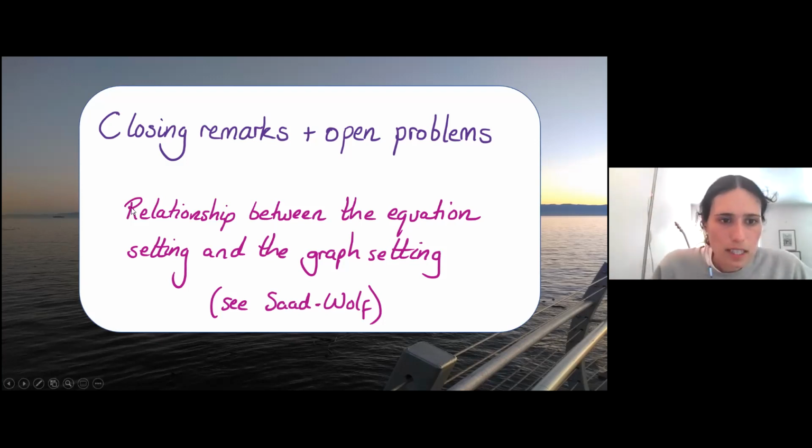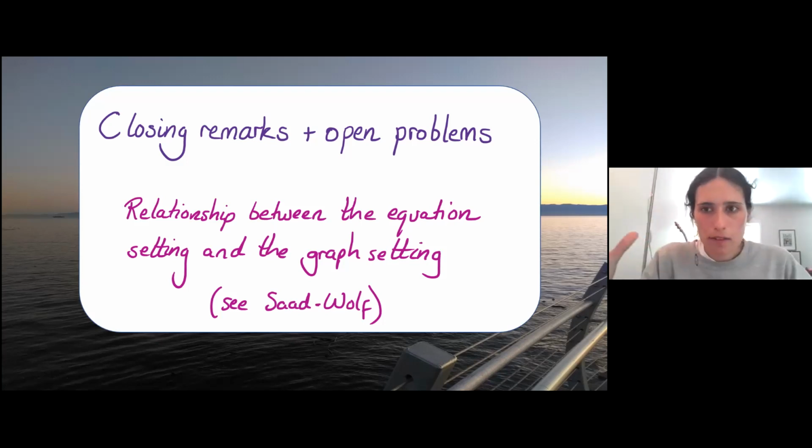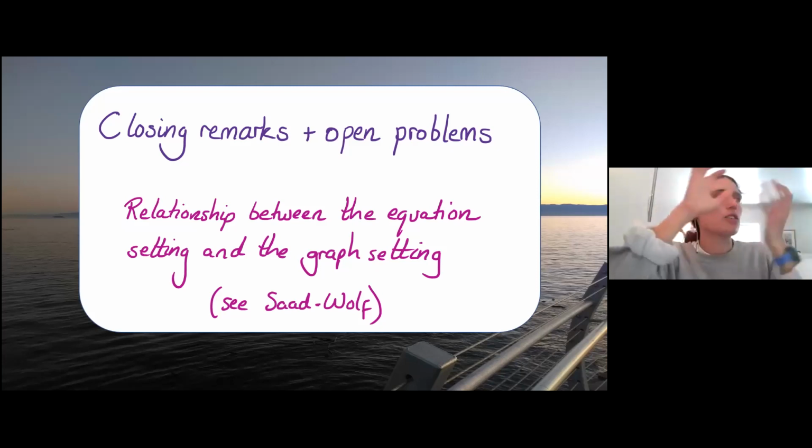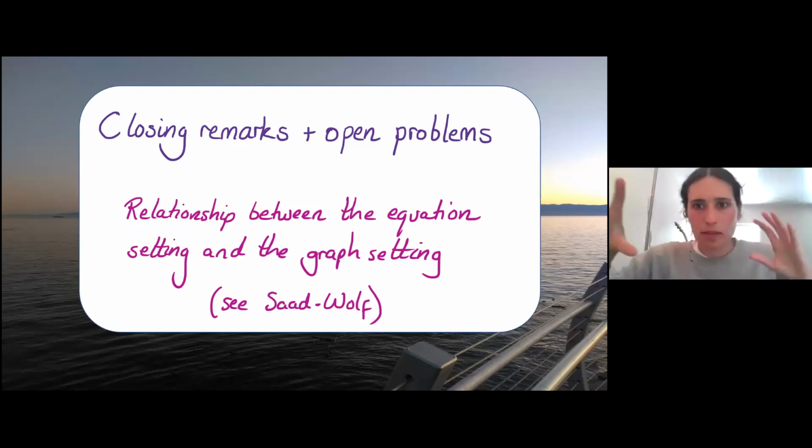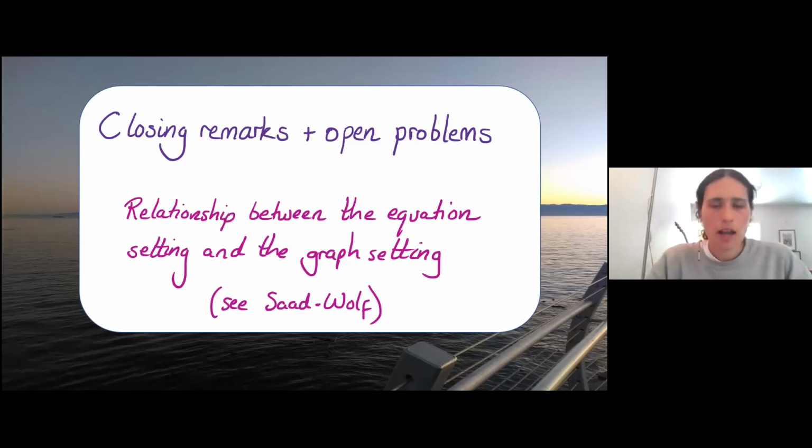But what is interesting is that a lot of techniques that come from the graph setting can be used in the equation setting and vice versa. So they're very related because similar techniques work for both sets of problems, but it's not obvious to me how proving something for systems of equations would obviously then imply something for graphs, other than perhaps you could try and use the same technique.